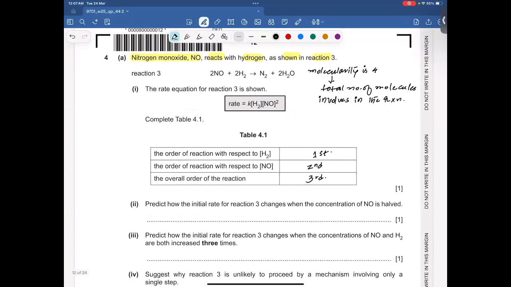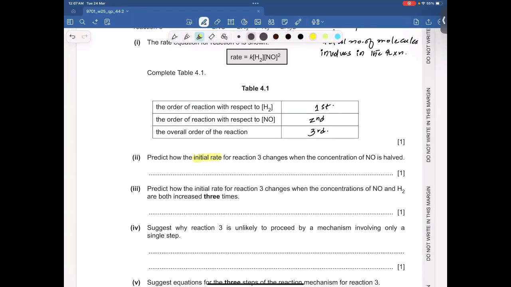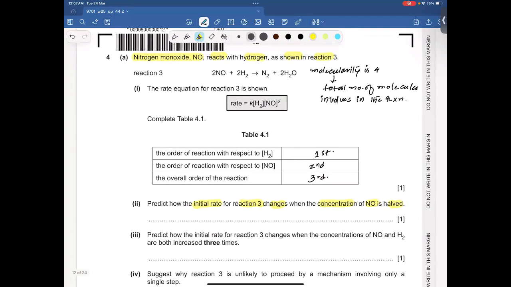All right. Predict how the initial rate for reaction 3 changes when concentration of NO is half. See, for second order reaction, if concentration is double, initial rate is quadruple. So if concentration is half, obviously initial rate is going to be 1/4.